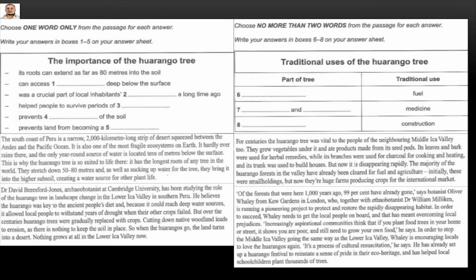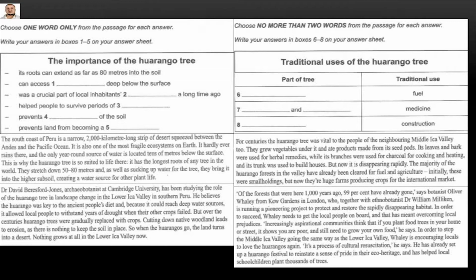Let's go on. Number 2 talks about was a crucial part of local inhabitants' gap a long time ago. Number 3 helped the people to survive periods of gap. Let's see. Dr. David Beresford Jones, archaeobotanist at Cambridge University, has been studying the role of the Harango tree in landscape change in the lower Ica Valley in southern Peru.